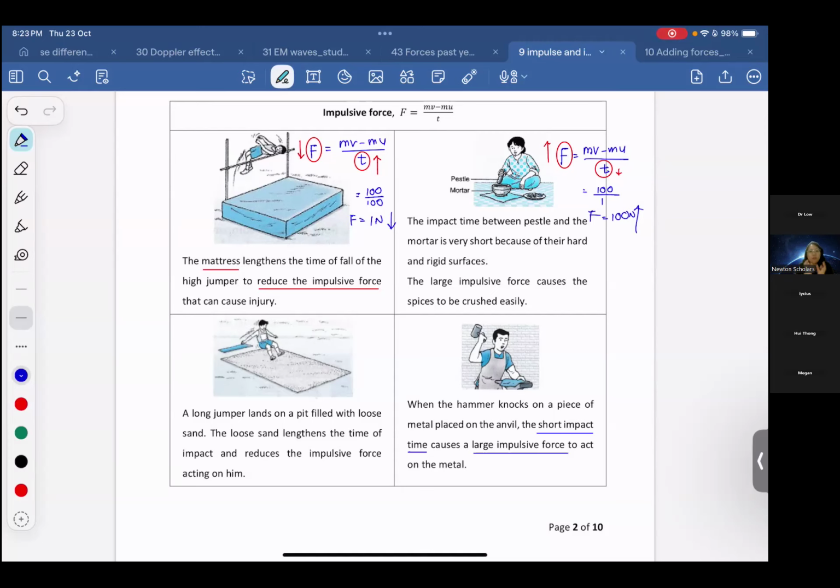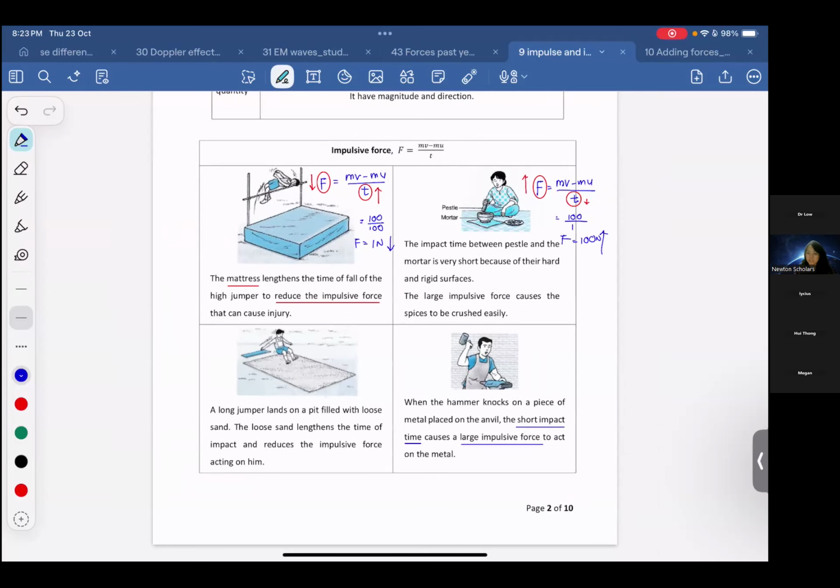The foam, the polystyrene or whatever, helps us to increase the time of impact. After that, we can reduce the force acting on the egg. So this is the idea of applying physics concepts in our life. So we go to your page number 3. Until here, okay or not? Give me a response, then we can go to page number 3.